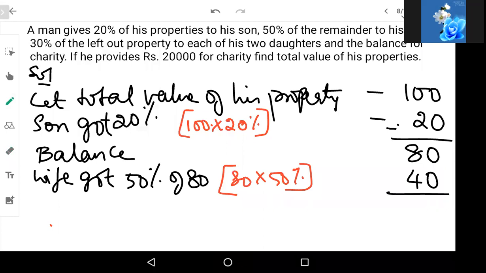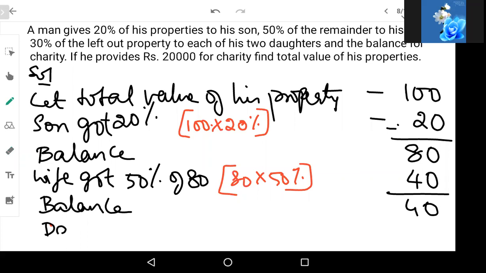So what is remaining? Yashashwini, why is that 80 minus 50? Don't take 50% directly. It is 50% of 80, right? So it is 40. So 40 is remaining again. Balance 40 is remaining. Now from this 40, he is going to give 30% to each of his daughters. 30% and 30%.